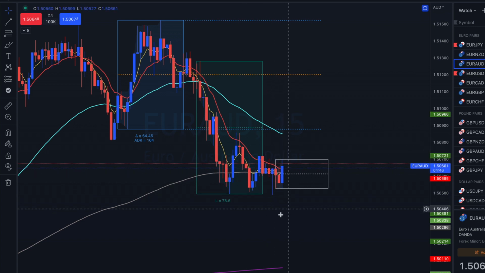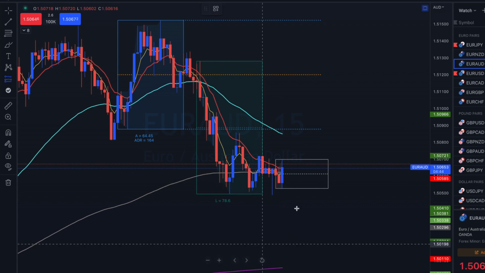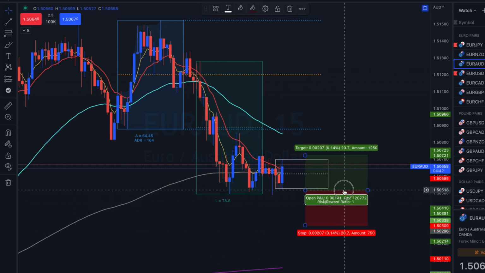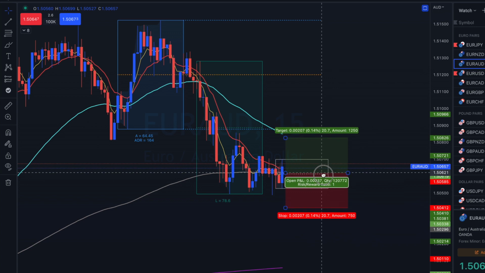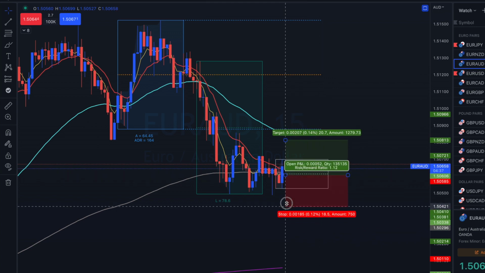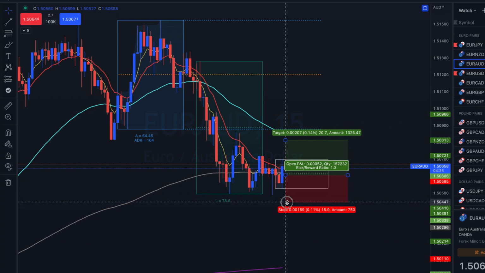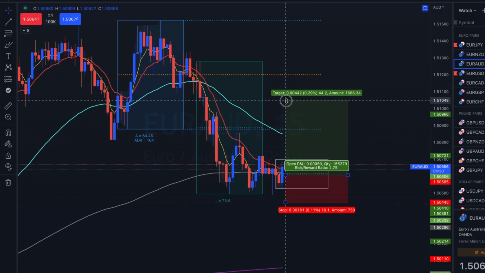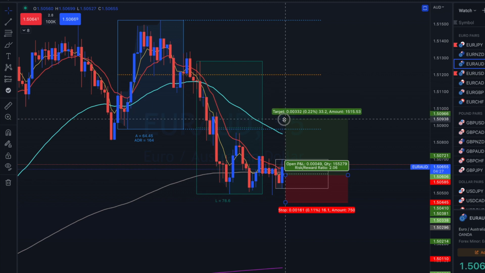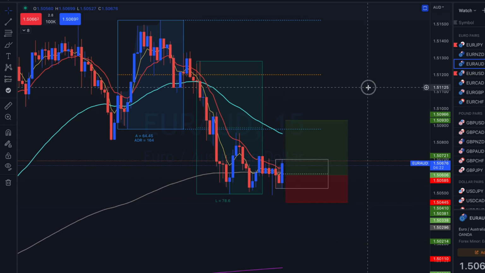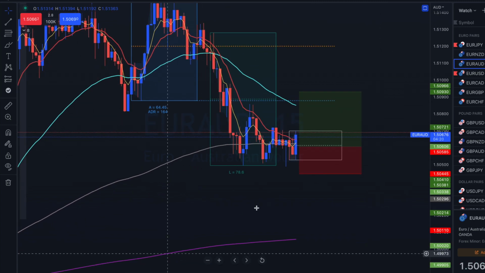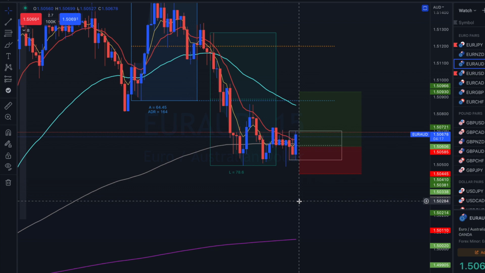So the trade setup itself, I'm looking for something somewhere like this. Maybe a 16 pip stop loss, and then we're looking for a 2-to-1 risk to reward ratio somewhere around there. Because we don't have the EMAs in our favor, we won't be able to use them, so we're just going strictly off of a 2-to-1 risk to reward ratio.